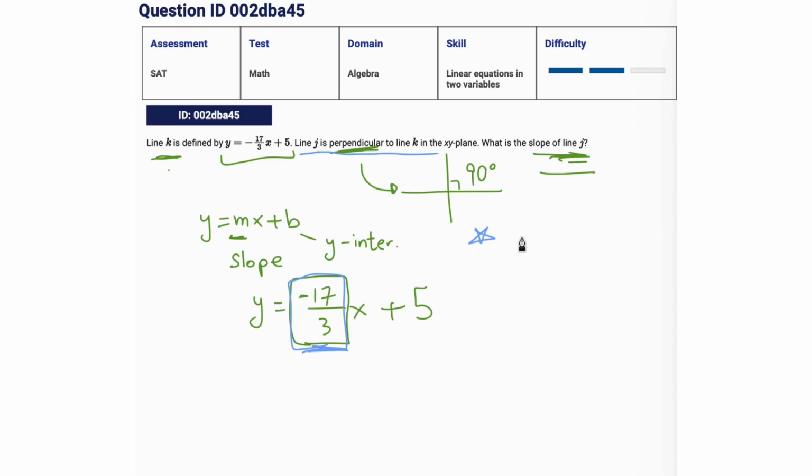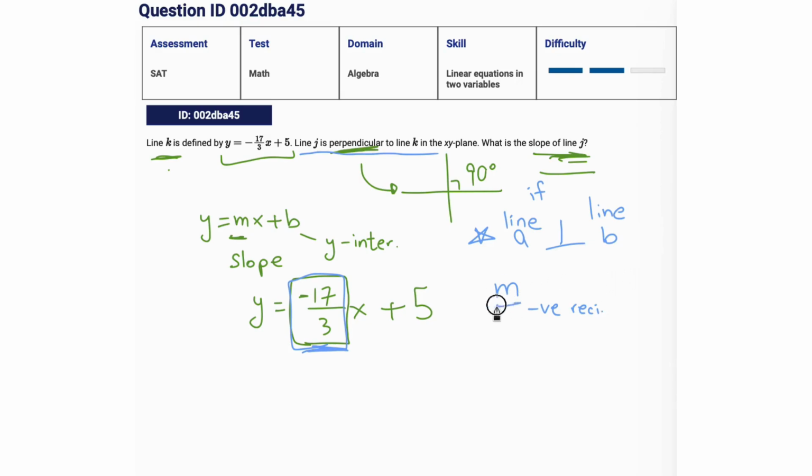That is, if line A is perpendicular to line B, then the slope of line A will be the negative reciprocal of the slope of line B. So what is the negative reciprocal of anything?